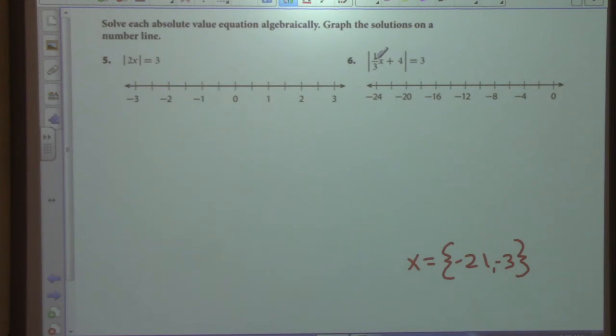And -7 plus 4 is -3, and the absolute value of -3 is 3. Check. And if we take -3, what's -3 divided by 3? -1. And -1 plus 4 is 3. Check.